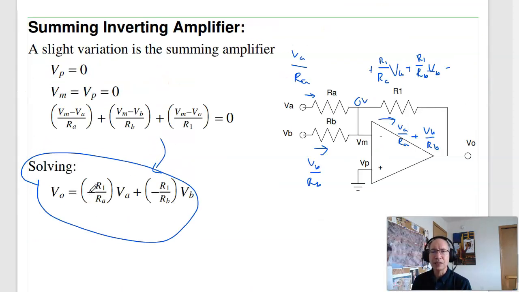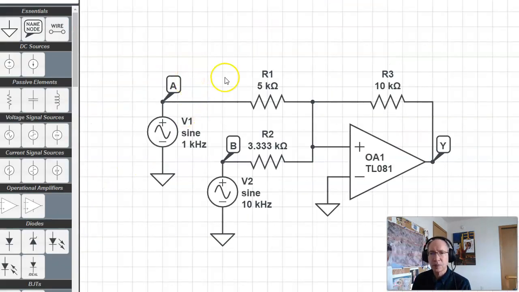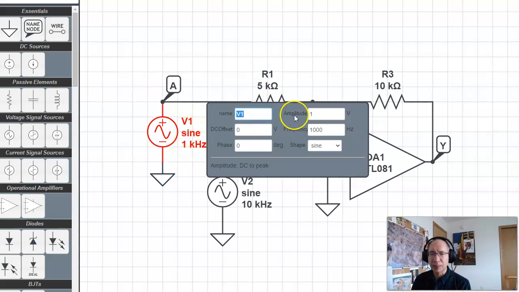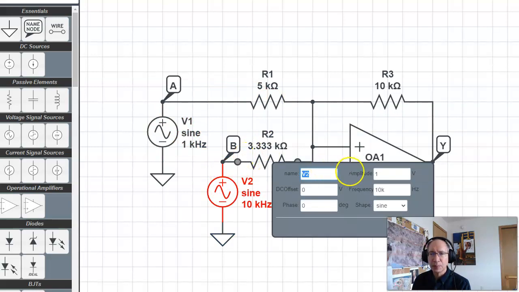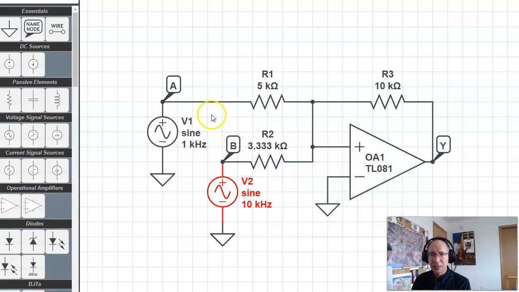To illustrate that, we've got a circuit in Circuit Lab. So here, the gain from A is 2, the gain to B is 3. If I turn them both on, again, I get kind of a mess. So let's make A equal to 1 volt, B is 0 volts, and check to make sure that the gain from A is minus 2. So I will simulate it.